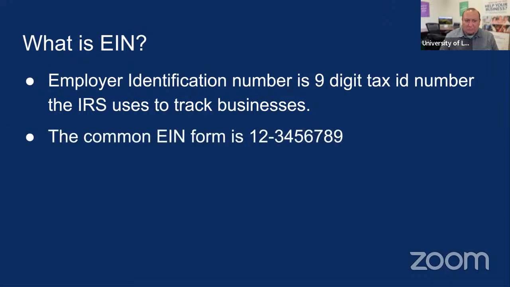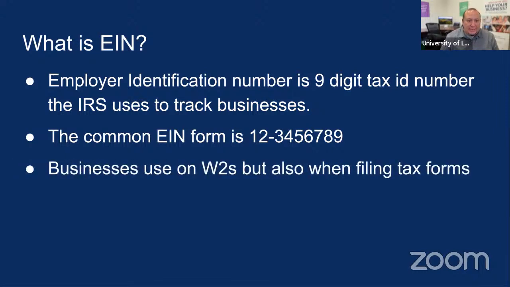It's usually in the form of a serial code, so 2 digits with a hyphen, and then 6 digits afterwards. Most of the time, it's commonly used for businesses when they have employees to put on their W-2s, but it's also for filing tax forms, which we'll get into a little bit later.